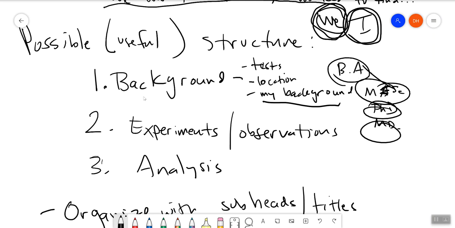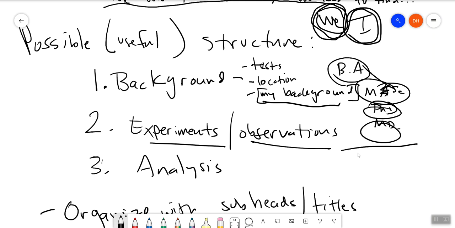So you see that the background is simply, what did you come up with, how did you set it up, where did you do it, right? Who are you? Who's your team? If you feel that's important; sometimes this can be left out. And then the experiments, right? Then the observations.